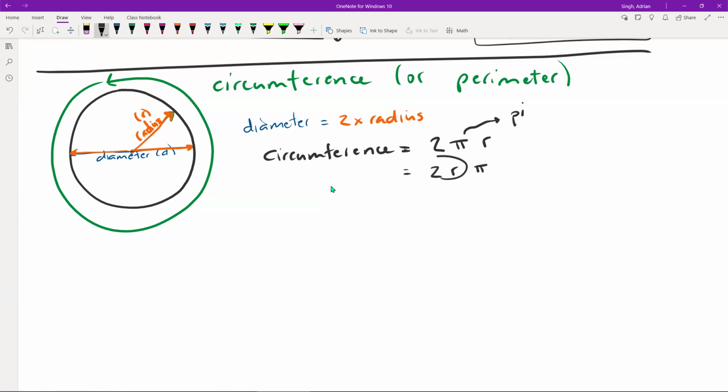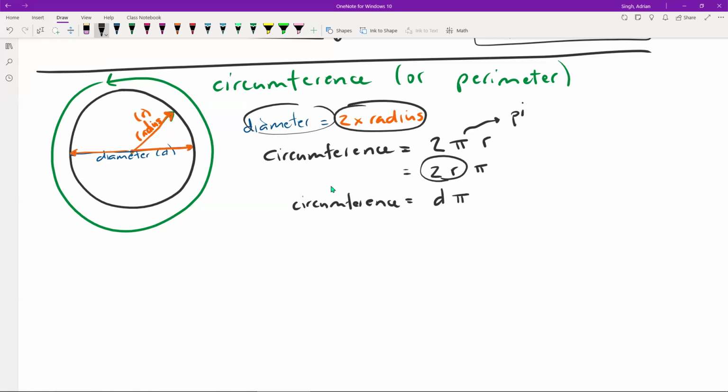And guess what 2r is? Well, 2r is the diameter. So this is the same as saying the diameter times pi. So that's the circumference of a particular circle. And again, pi is a constant, you don't need to memorize it. You can plug it into your calculator.